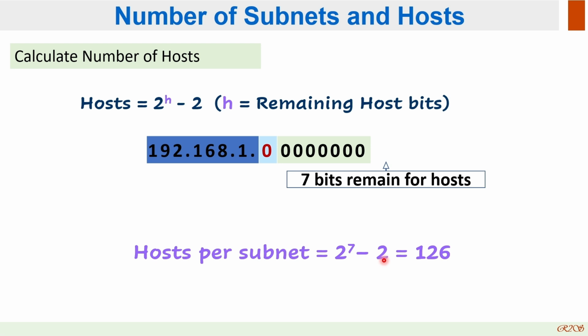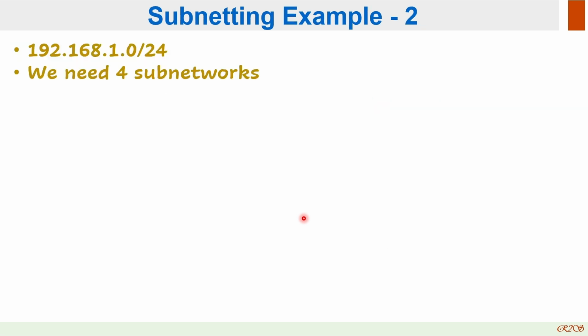If we are using 6 bits for host, then 2 to the power 6 minus 2. If we are using 4 bits for the host, that means 2 to the power 4 minus 2. That is the number of hosts we can have in each subnetwork.